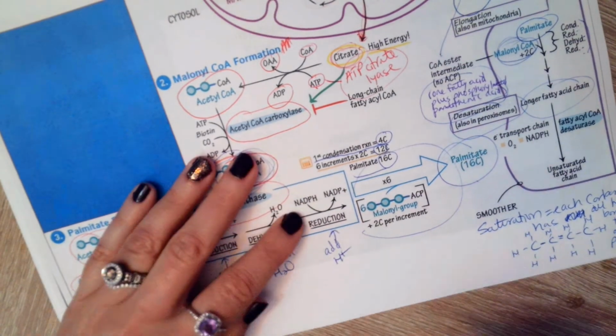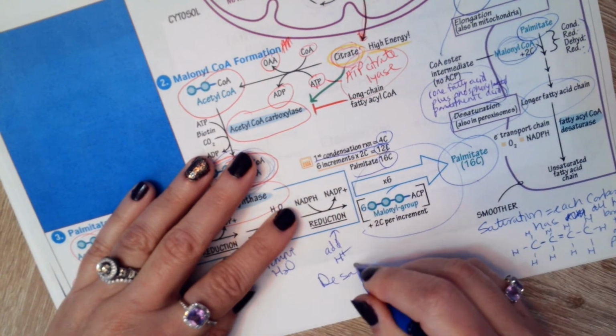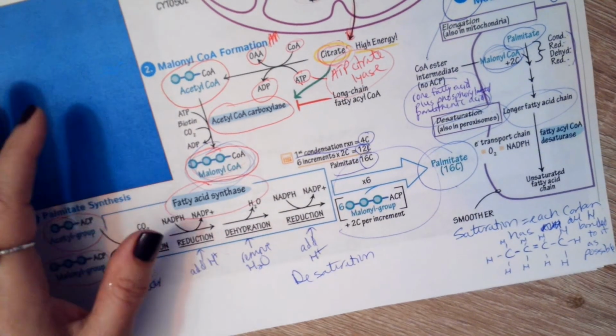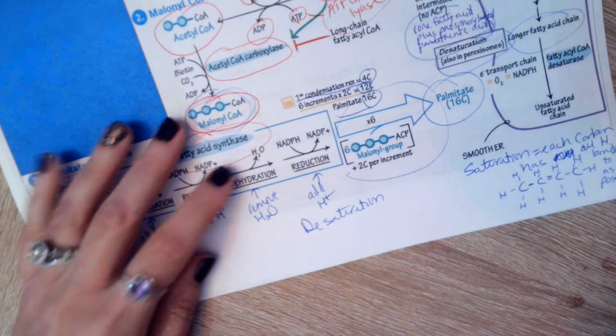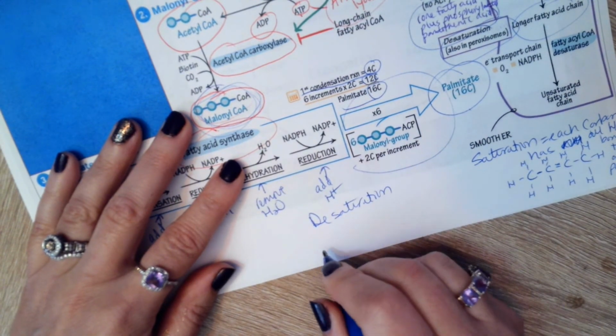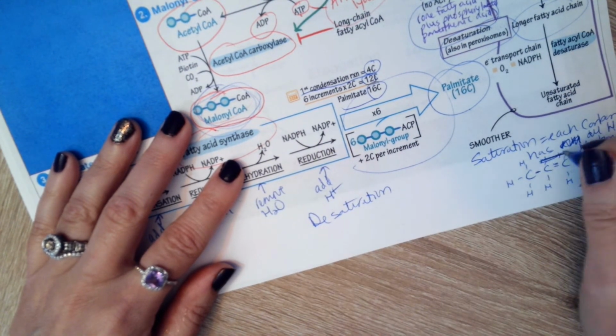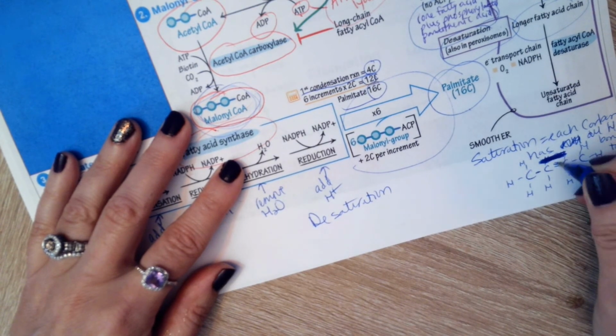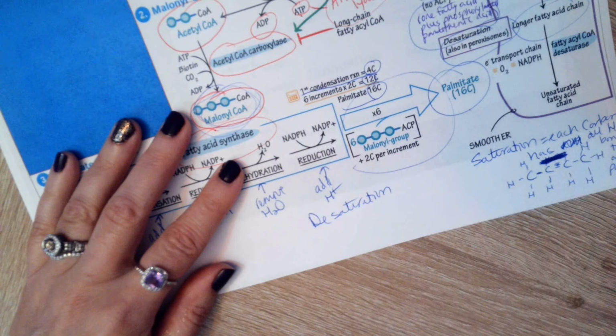If we desaturate it, we are making more double bonds between the carbons. Oops, I put too many on there. We got to take those off. I'm counting to 4, not my strong suit. So 1, 2, 3, 4. There. Okay.